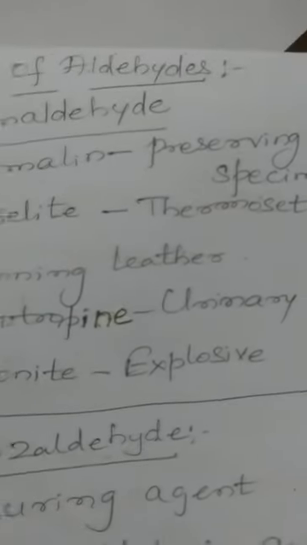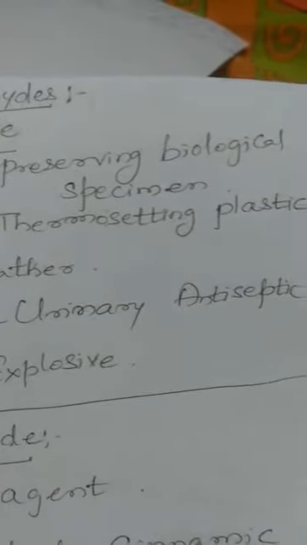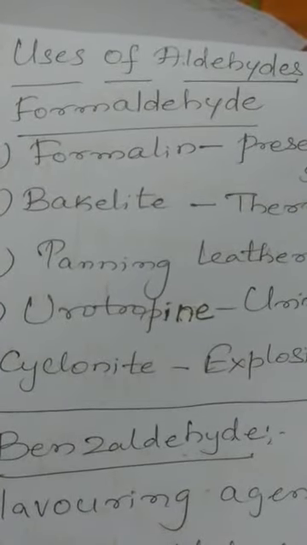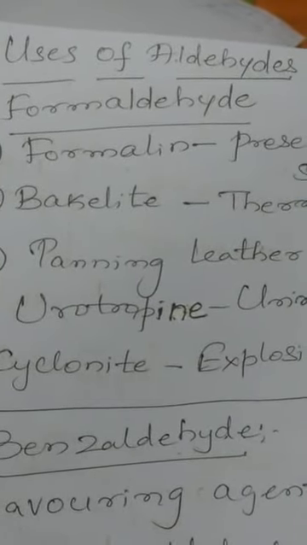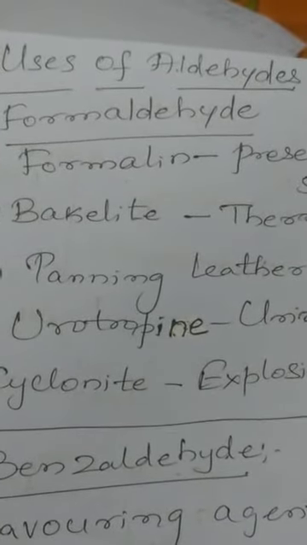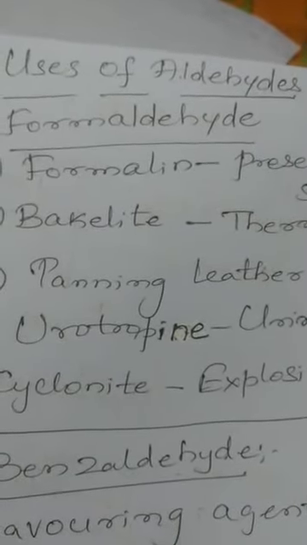Another use is in the preparation of the thermosetting plastic bakelite. Phenol formaldehyde polymer is bakelite, so one of the monomers in the preparation of bakelite is formaldehyde.